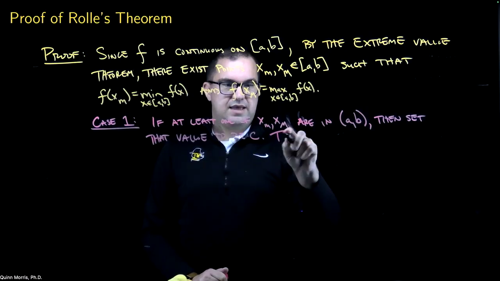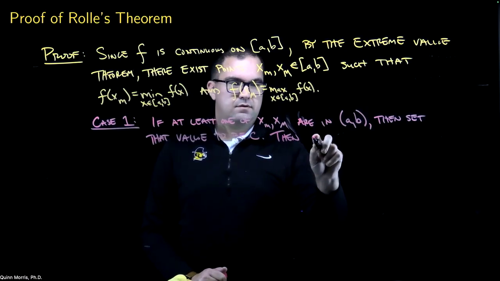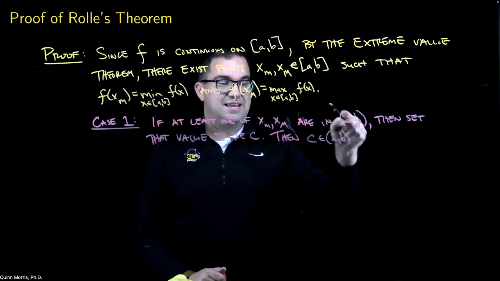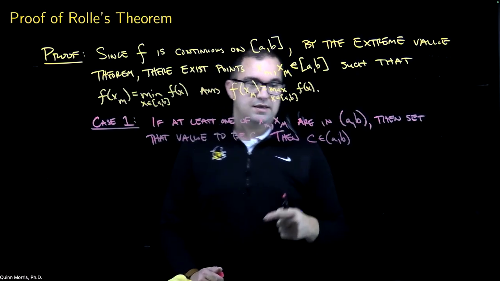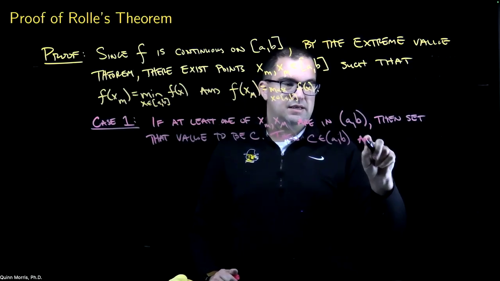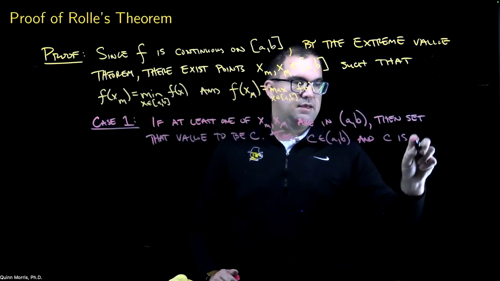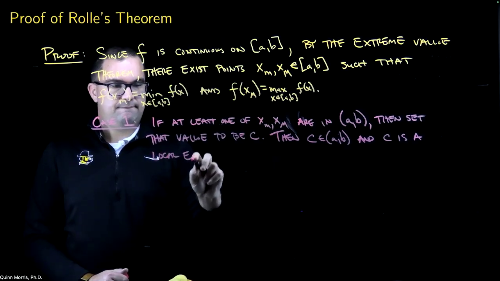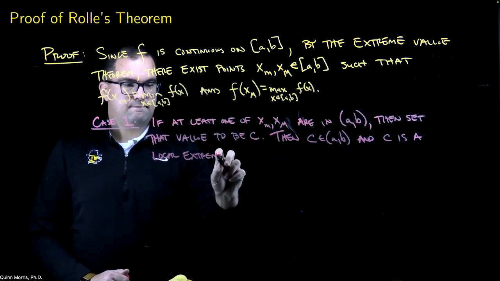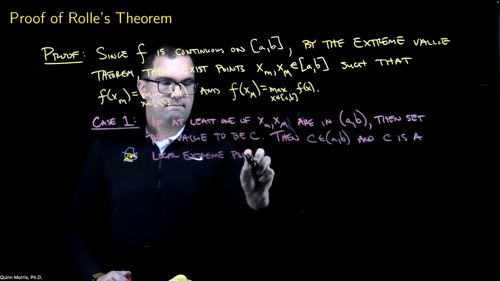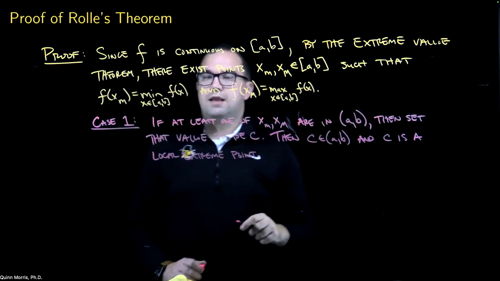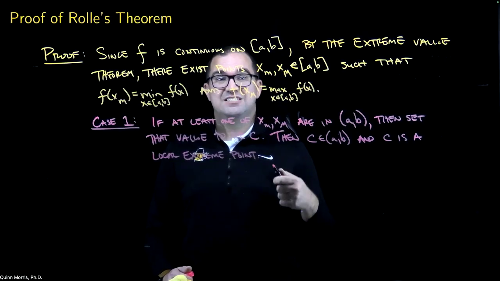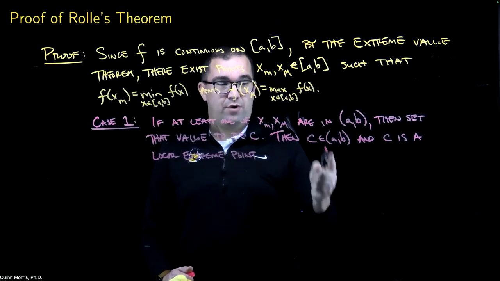So in this case, I'm setting C to be the one that is in the open interval. So C is in here, and C is a local extreme point. Now, one of our hypotheses of Rolle's theorem is that f is differentiable on the open interval AB.